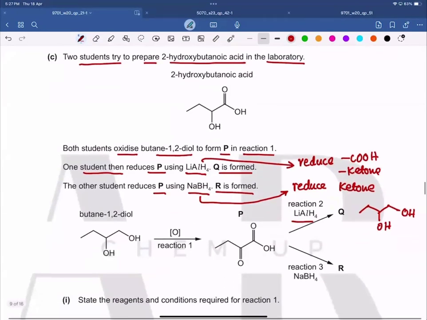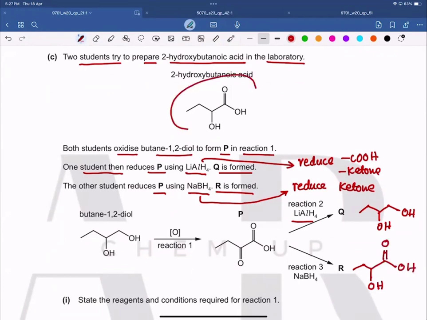But when we react with NaBH4, only ketone is reduced to alcohol and the carboxylic acid remains the same. So see, this is R. So when we use NaBH4, we get R. Is this clear to all of you? Yes, if any one of you has any confusion, please write in the chat.